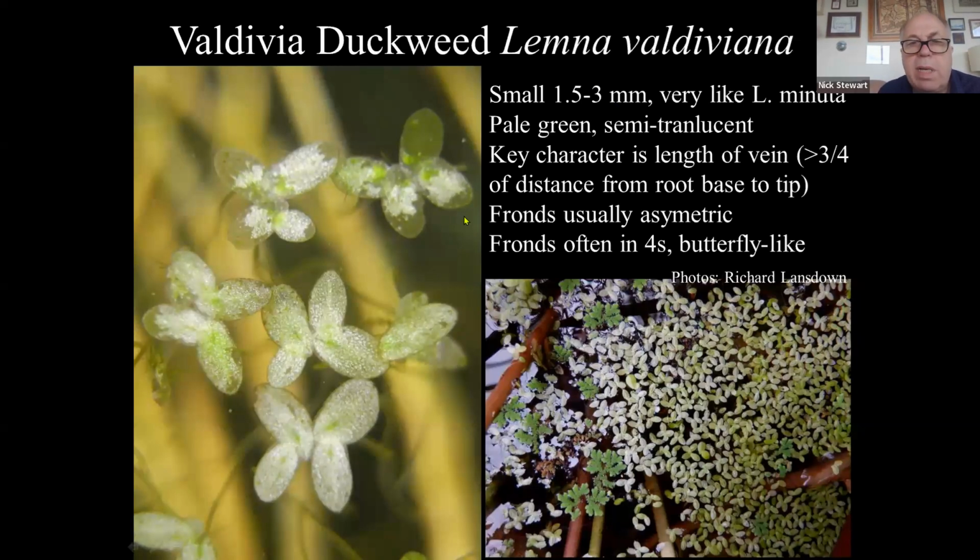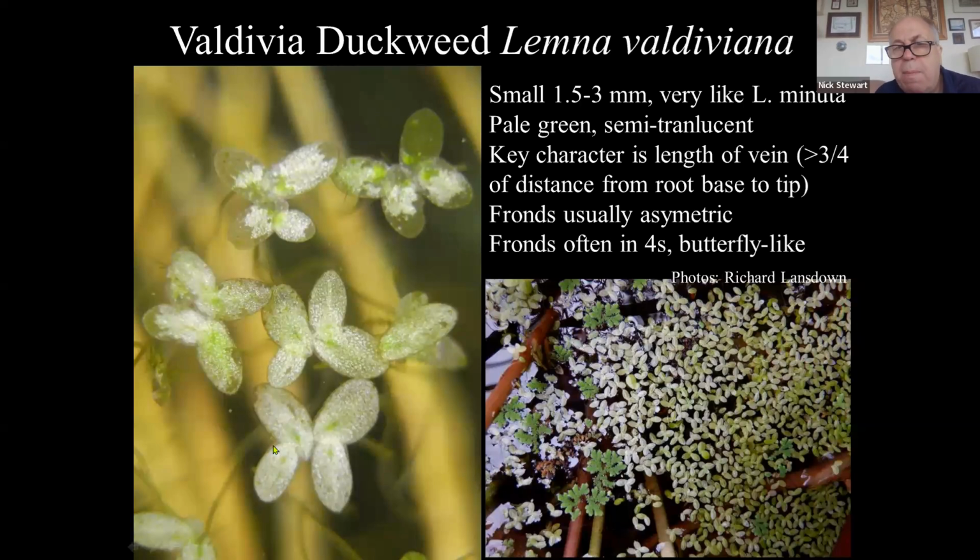The other small one is Lemna valdiviana. Again, it's a small plant like Lemna minuta, pale green and partially translucent, which again gives it a rather dull, not so shiny look.